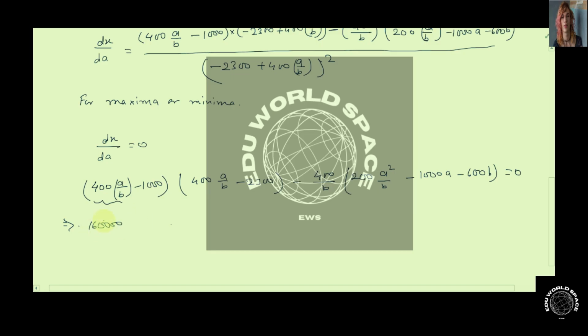Okay, we can do one more thing: we can collect the coefficient, taking 100 out of each of them, so it will make our calculation easier.